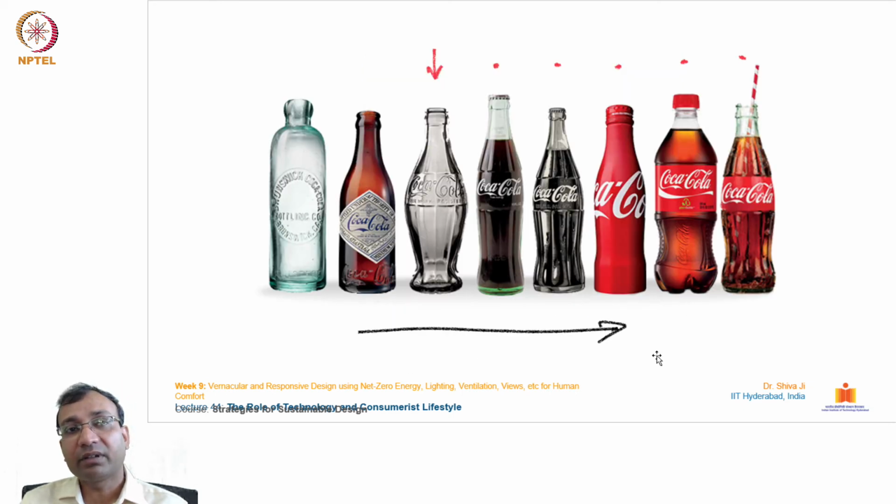Further, we have one very famous example of Coca-Cola bottles over here. With this iterative design process, it has adopted a very unique shape and size, this unique form of the bottle. If you see, it started from a very conventional bottle when it was first rolled out, more than 100 years ago, and you can see the evolution over here, even with the change of materials.